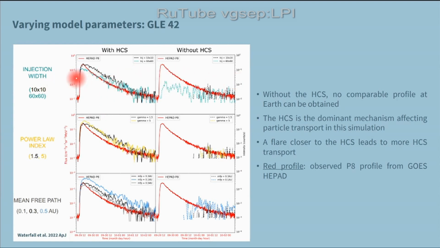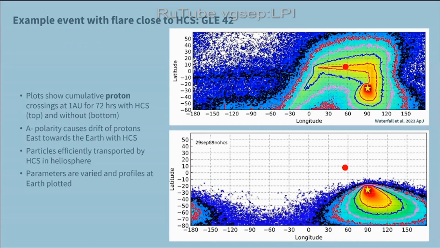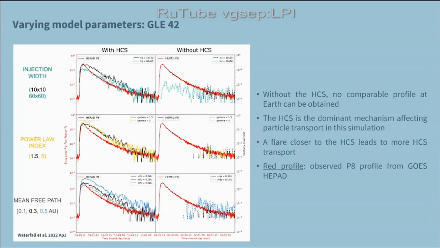Things we varied include the injection width in this top panel. In these results, the injection width was 10 by 10 degrees, but we varied it up to 60 by 60 in all our simulations. And then this middle panel is the power law index, and this bottom panel is the mean free path.